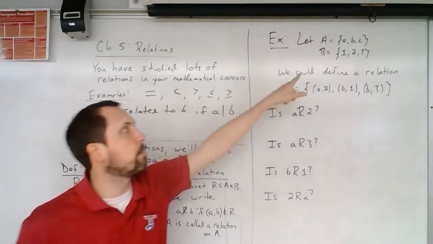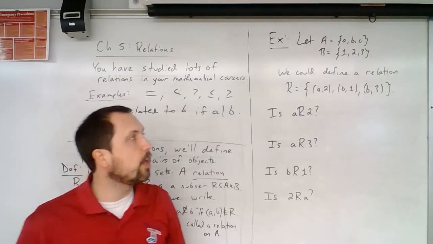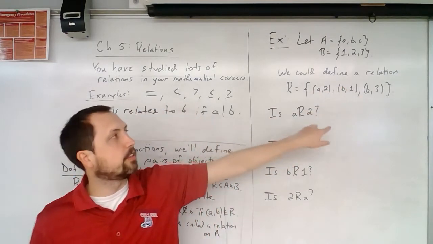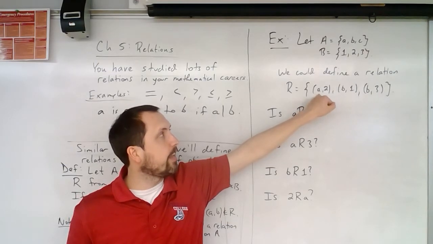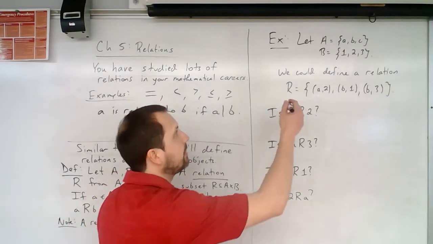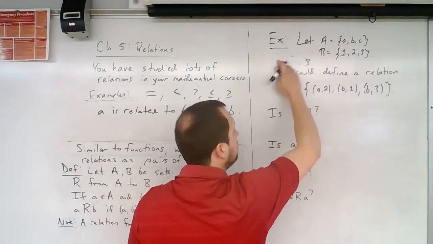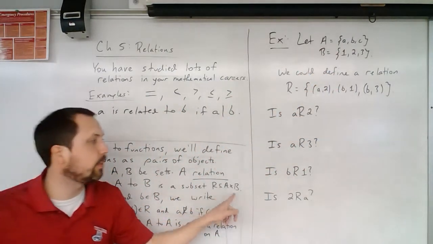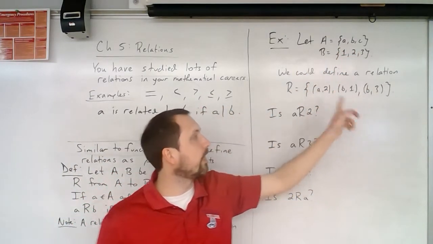Say we have our set capital A containing the elements a, b, c, and this capital B be the set containing 1, 2, and 3. We could define this relation. Remember, this is a subset of a Cartesian product, and within that are elements that are ordered pairs. The first element here is going to be from A, so this would be an example where R is a relation from A to B. We'll assume that these are going to be elements of the first set, and these are going to form the second entries.